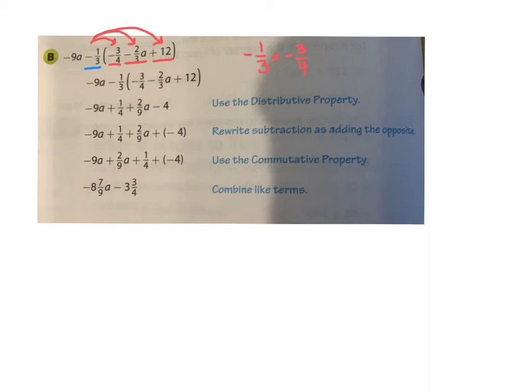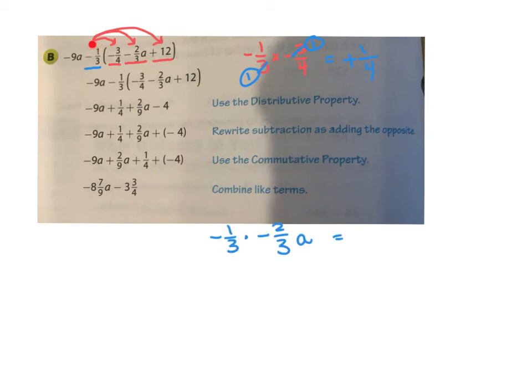Okay, so the first one we're doing is the -1/3 times the -3/4. It's a negative times a negative, so we know it's going to be a positive. I'll cross reduce. 1 times 1 is 1, 1 times 4 is 4, and I'm going to get +1/4. Now I'm going to do -1/3 times -2/3 a.